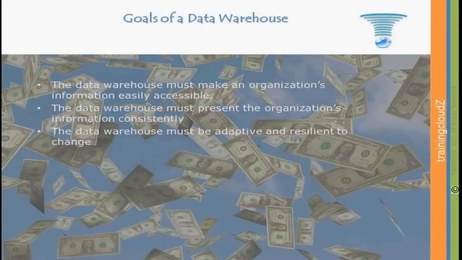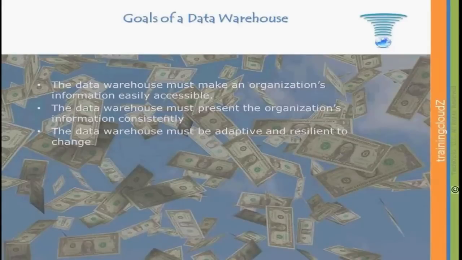The data warehouse must be adaptive and resilient to changes, which means, let us say you go to a nice restaurant, they will serve you a soup and say you add your salt and pepper. So it must be adaptive. You can't add everything and keep it ready and give it to them, and if they want to make a small change, they can't dig into the soup and take out the salt or the spice.